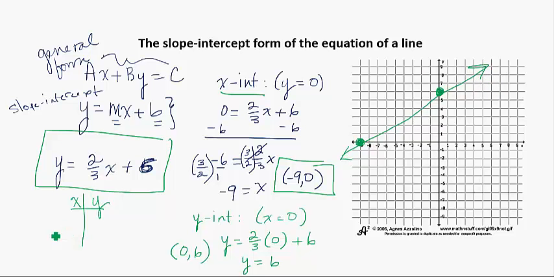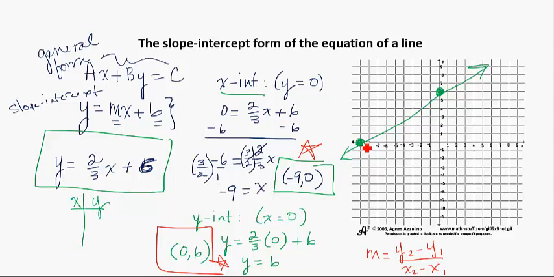Now what I would like for you to see is that not only did we find the intercepts for graphing, we can also find the slope. We could use these 2 points to find the slope using the slope formula. m is y2 minus y1 over x2 minus x1, substituting in our x-intercept and our y-intercept. Or we can simply look at the graph.